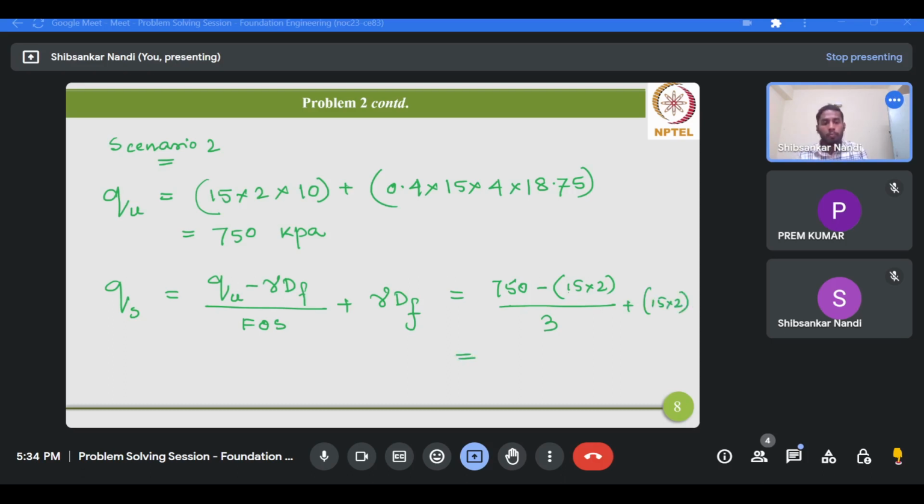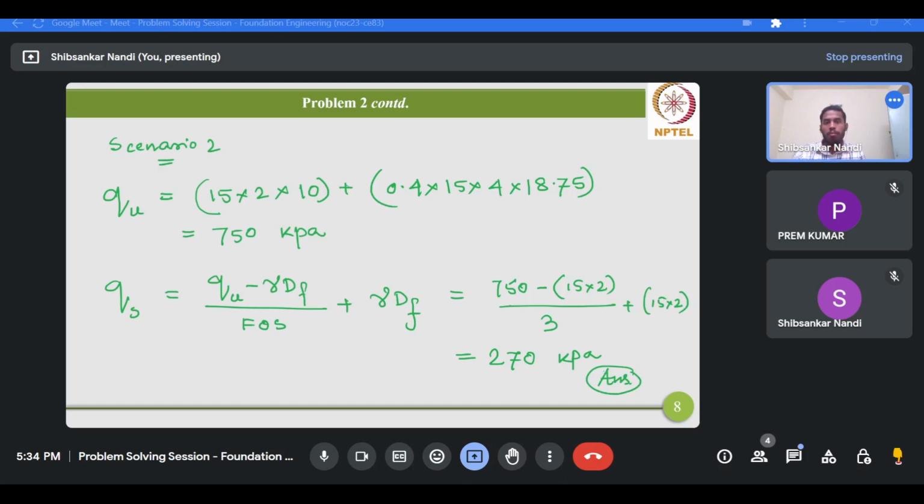So this is 720 divided by 3, that means 240, plus 30. So this would be the answer.